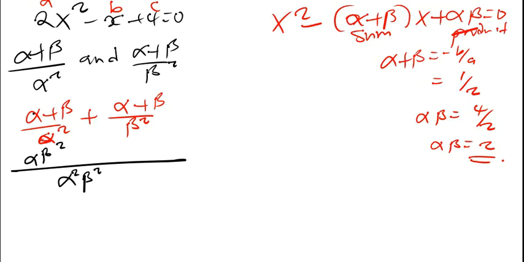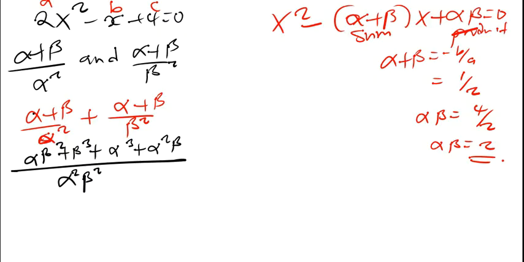Then I'm going to have plus beta squared times beta is beta to the power 3, plus here beta and beta will go, so it will be alpha to the power 3, plus then it will also be beta times alpha squared, so it will be alpha squared times beta, like that.